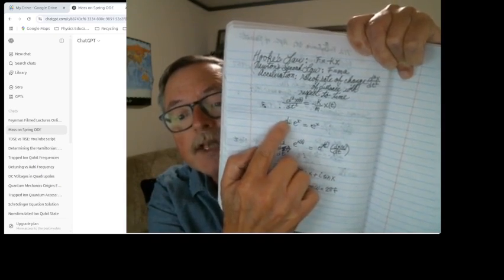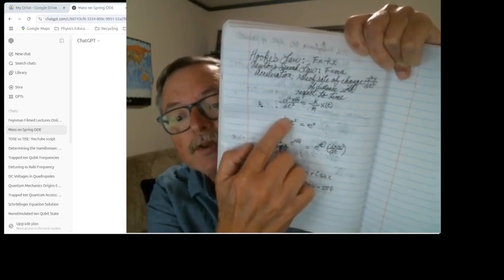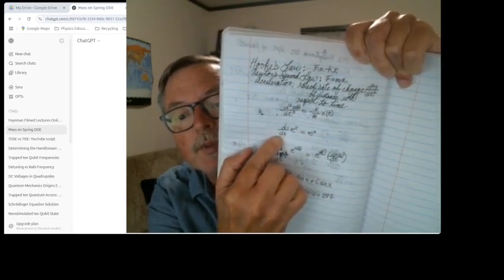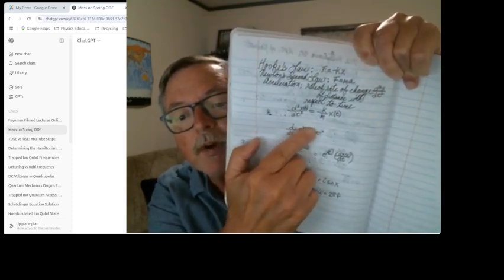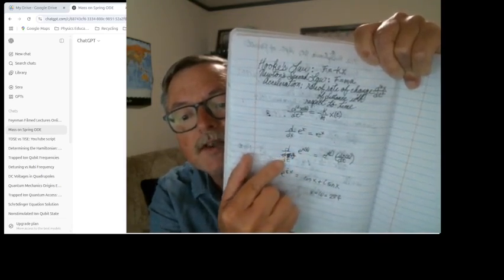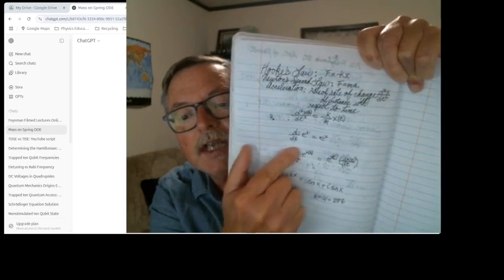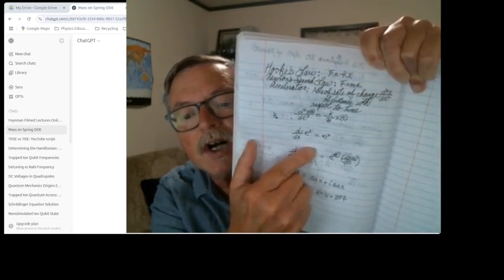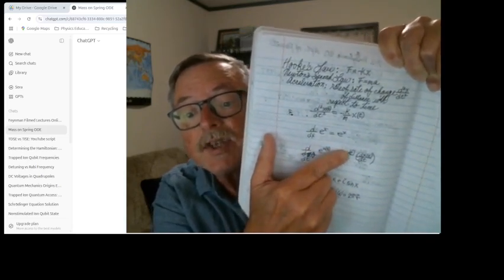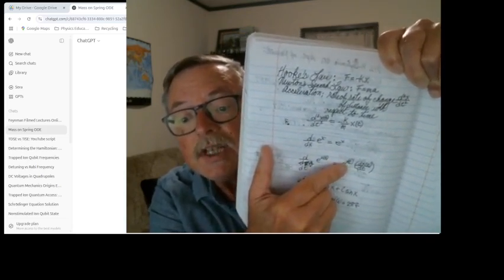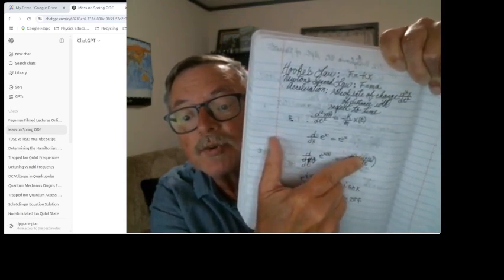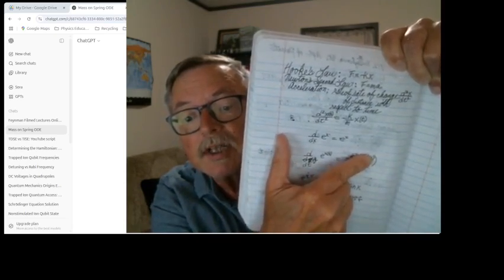The base of the natural logarithm to the x power, if you take the first derivative with respect to x, you just get right back to e to the x. If you take the derivative of e to the x, where x is a function of time, with respect to time, then you get e to the x of t, but you have to multiply that times the derivative of x with respect to t.